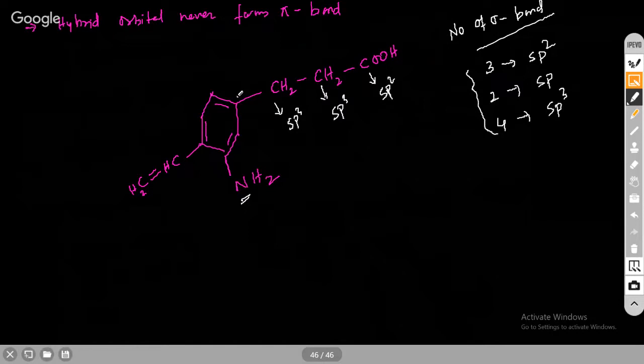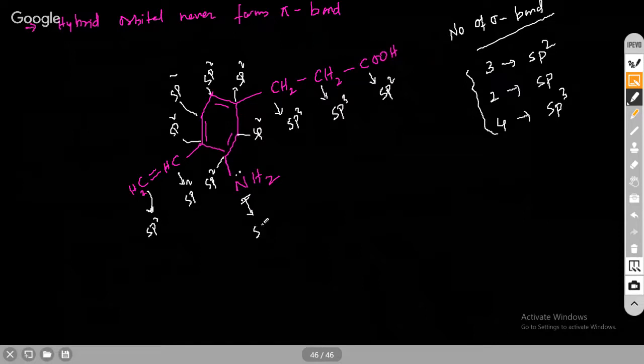All these carbon atoms in the ring are sp2 hybridized. This carbon atom, again sp2, 1 pi bond. This carbon atom, sp2. What about this nitrogen? This nitrogen has 1, 2, 3 sigma bonds and 1 lone pair. So it is sp3.